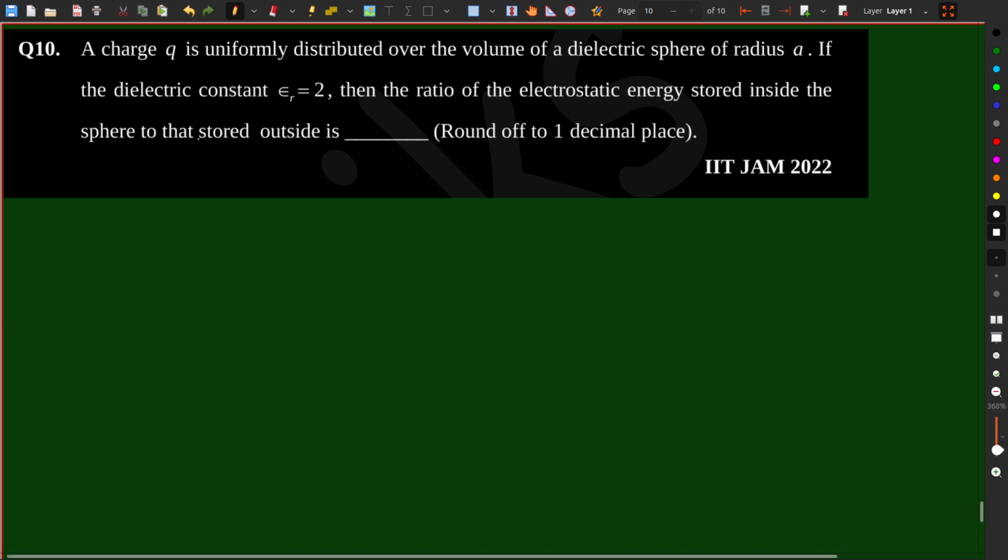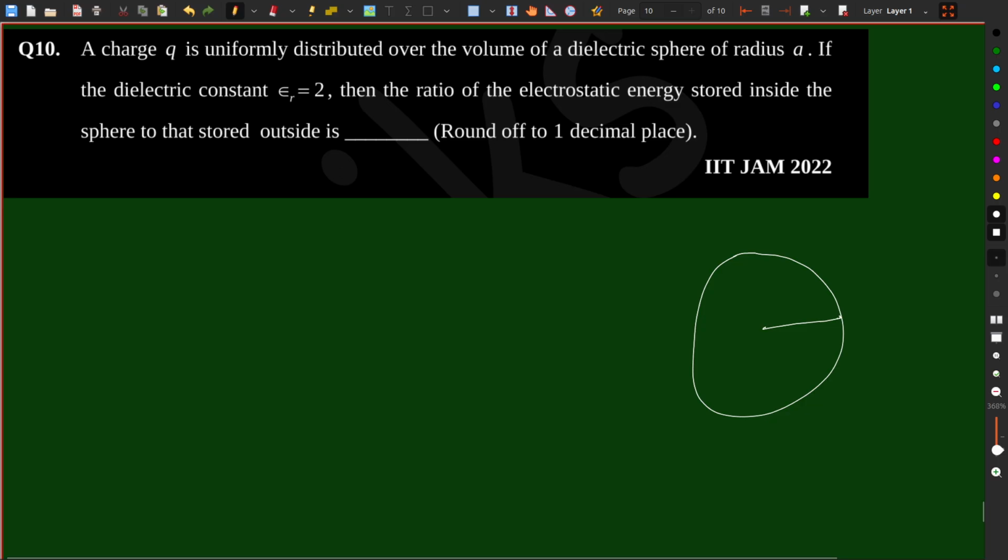Here, charge Q is uniformly distributed over the volume of a dielectric sphere. Okay, dielectric sphere. Radius is a, and dielectric constant epsilon r is 2.